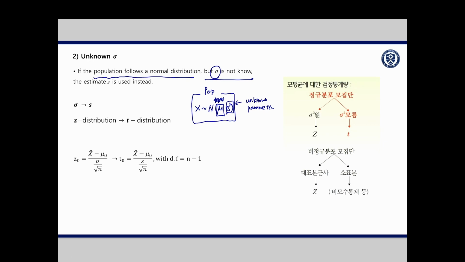When we don't know sigma or sigma squared, we replace it with the sample standard deviation s, because it is a good estimator.